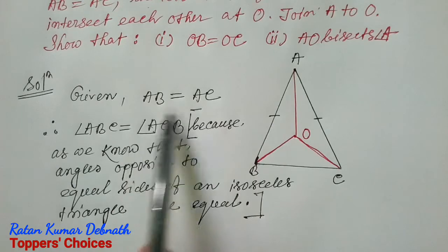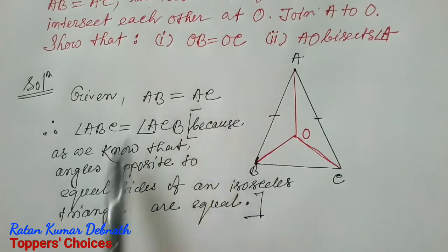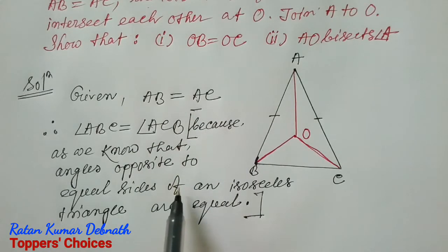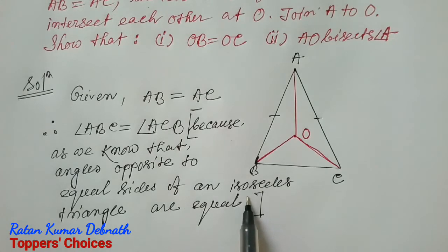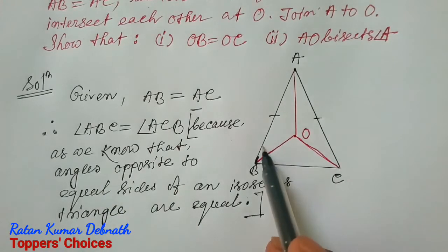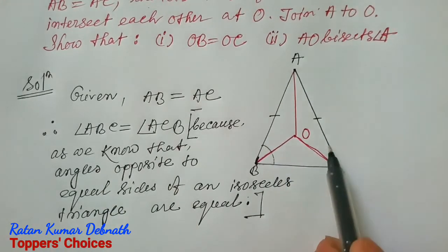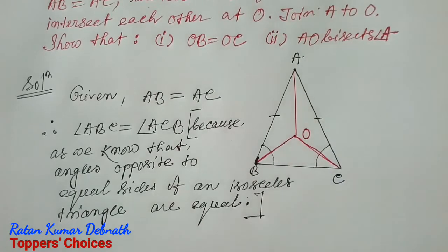So since AB equals to AC, according to the theorem 7.2, we can say this angle equal to this angle.